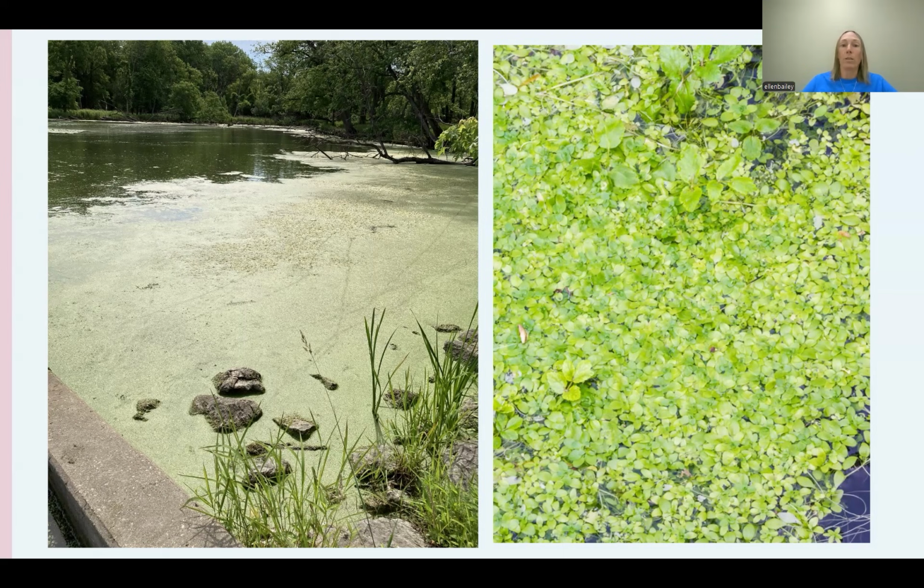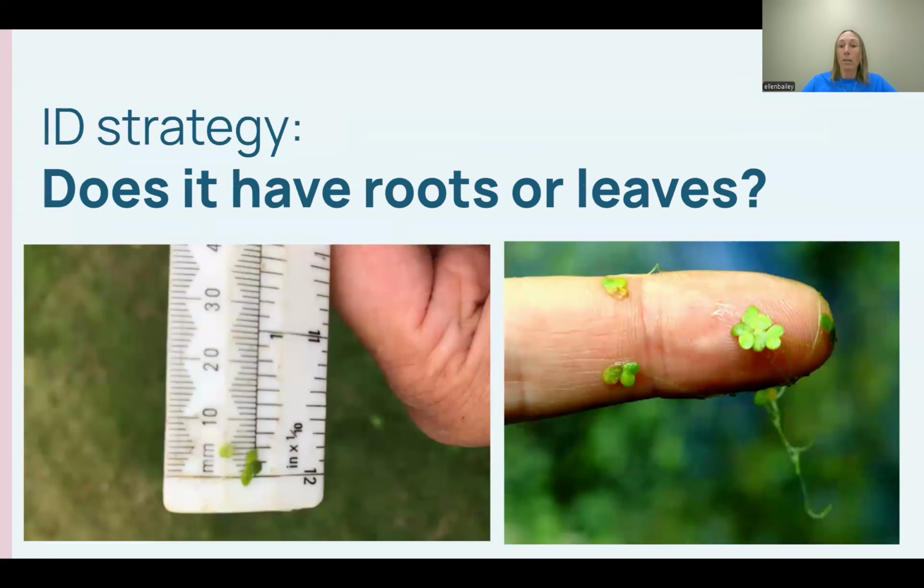And so this is actually not cyanobacteria, but a little aquatic plant. It might cover the surface, be pretty dense, but if you look really close, it has little roots. So one thing to look for: does it have roots or leaves? If so, you can rule out cyanobacteria, harmful algal blooms.